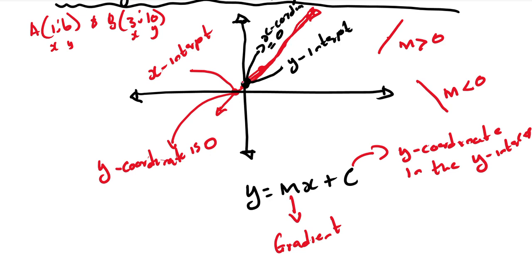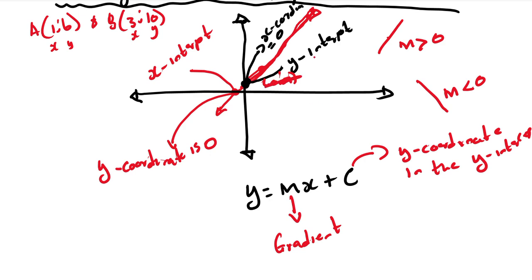Since you know that your x is 0, you take the other number that will be given here. For example, I'm just giving a practical example, let's say we have (0, 7). We take this 7 to stand for this c.